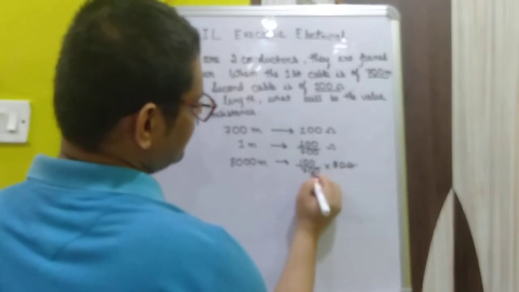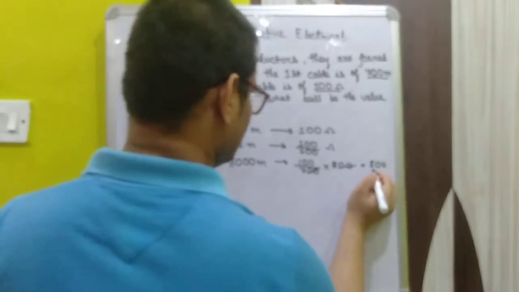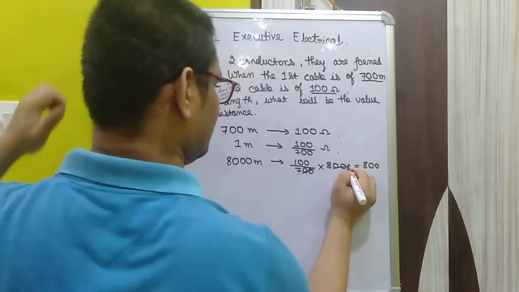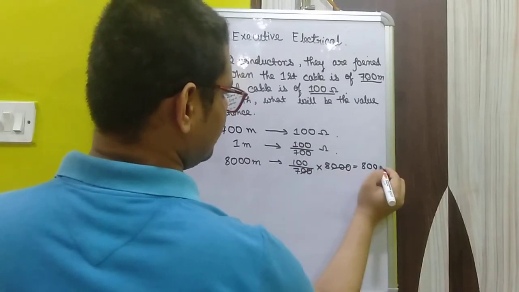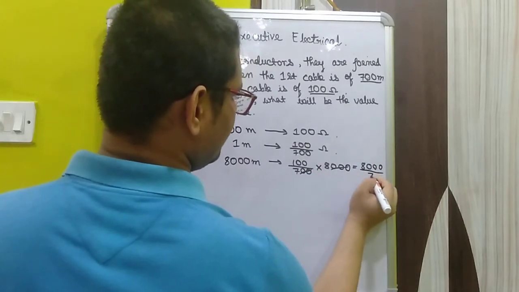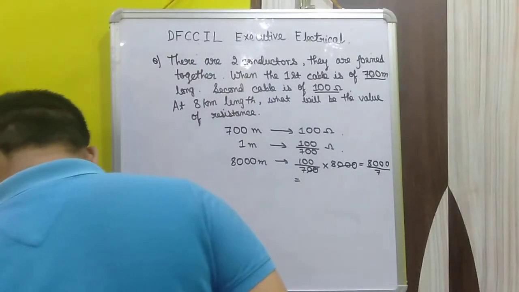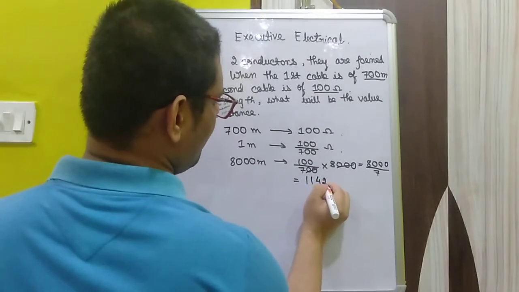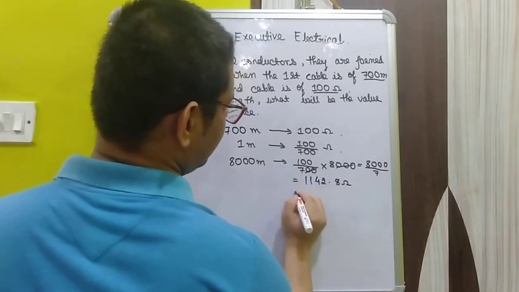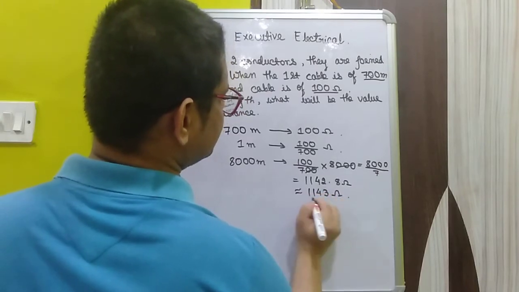Two zeros will be cancelled, so 8000 divided by 7. If we divide this value, the final answer we'll get is 1142.8 ohm, or it can be written as 1143 ohm, and this is the final answer.